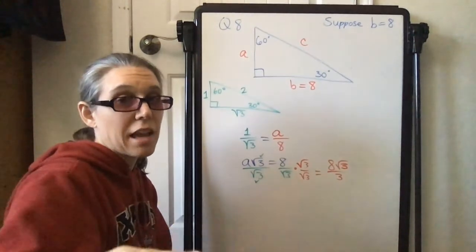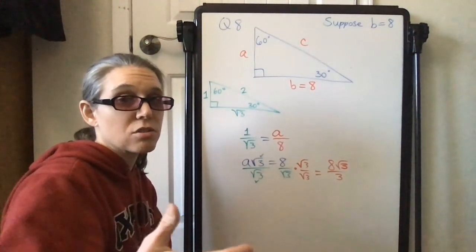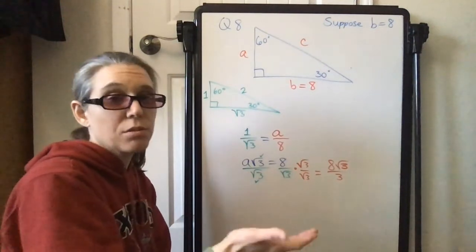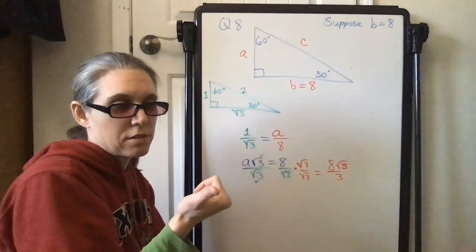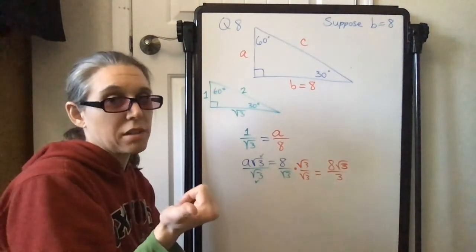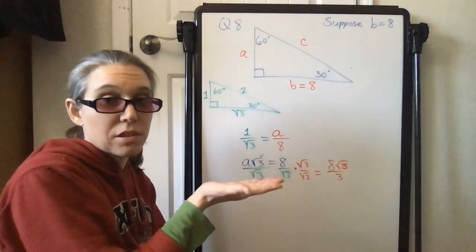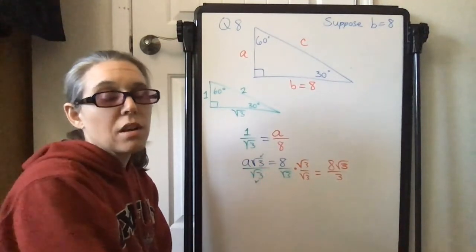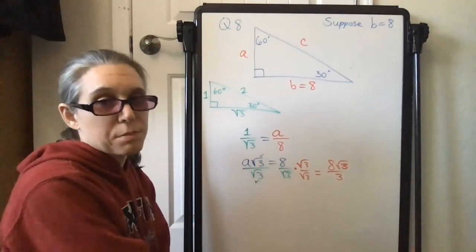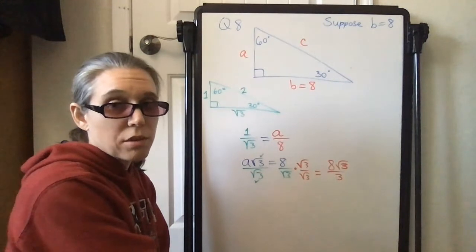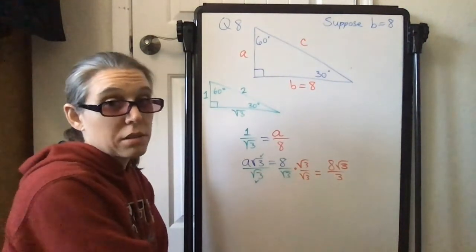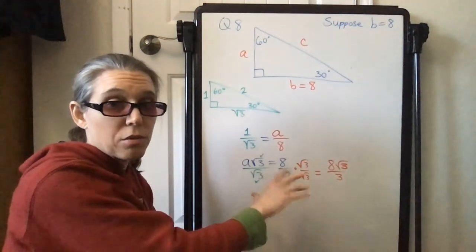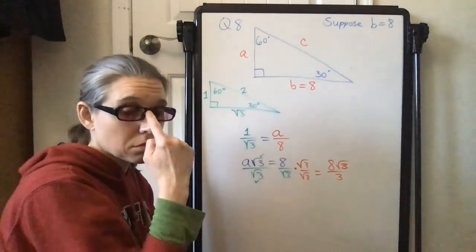If it doesn't say round, assume that the answer should be exact. Only round if you have a word problem and it's evident that you should be rounding, like to the nearest cent, for instance, if the answer is in dollars, or if the directions explicitly tell you to round. But in general, if the problem does not tell you to round, then don't round. Keep everything in radical form, in its exact form.